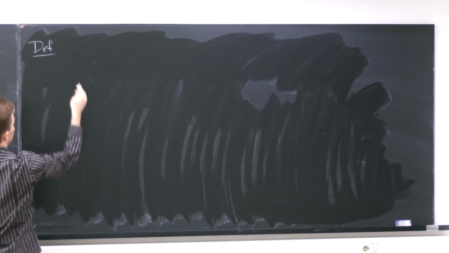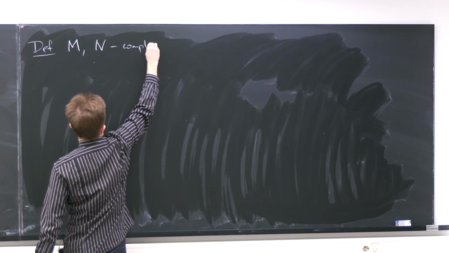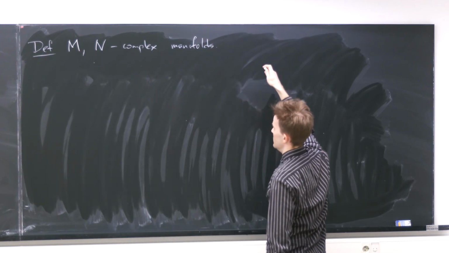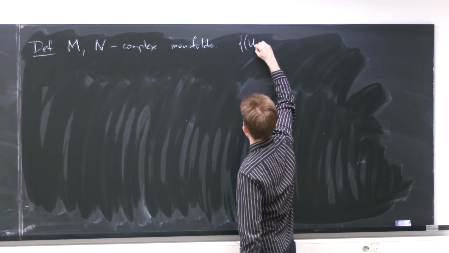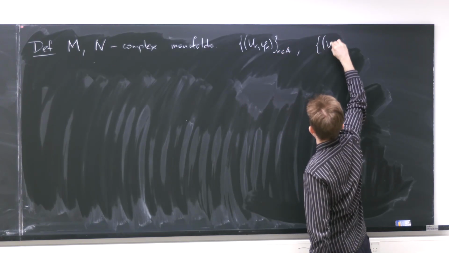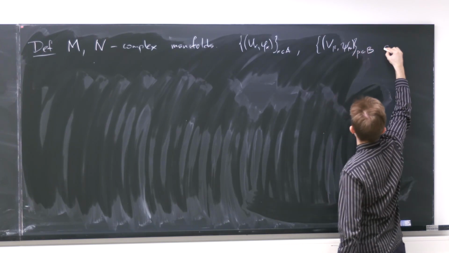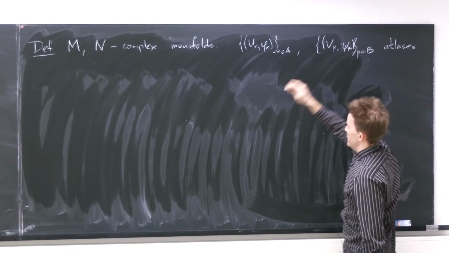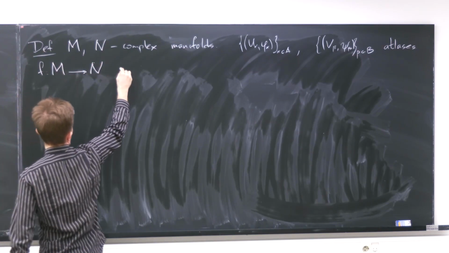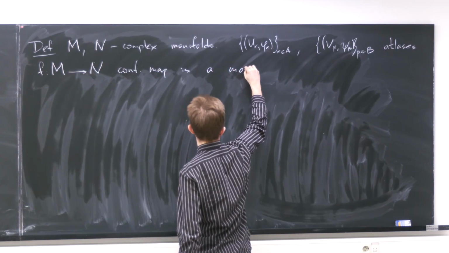If I have two complex manifolds, M and N, with atlases U alpha, phi alpha, and for example V beta, psi beta, then a continuous map from M to N is a morphism of complex manifolds.